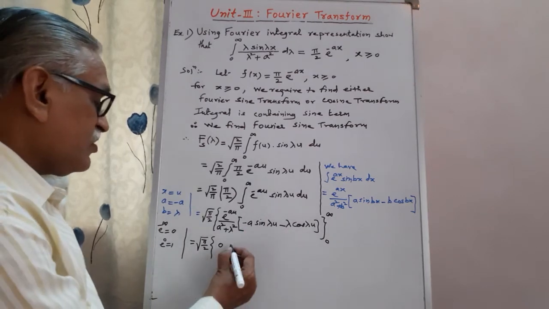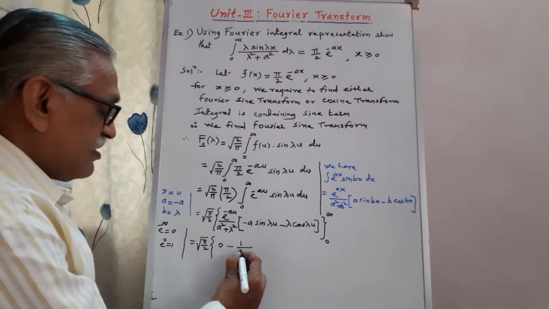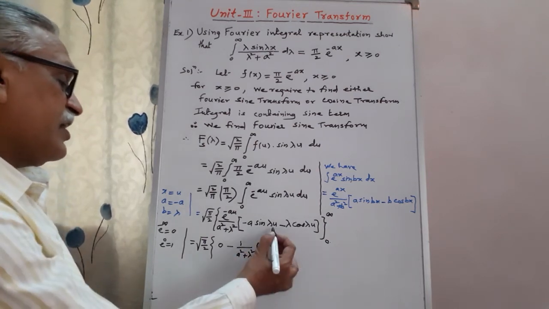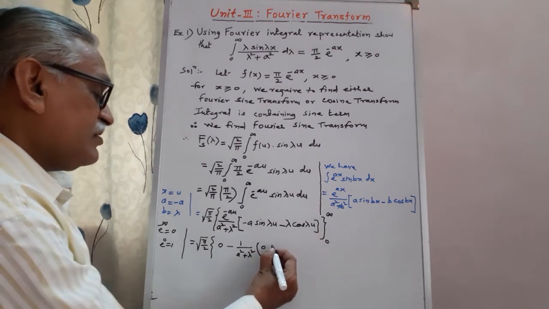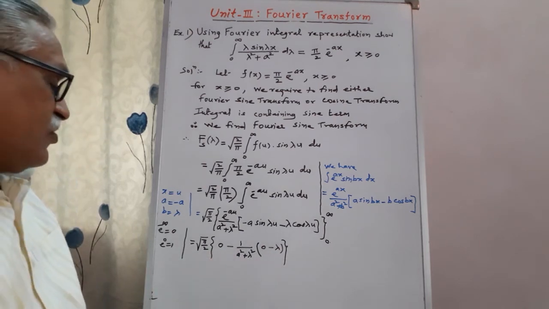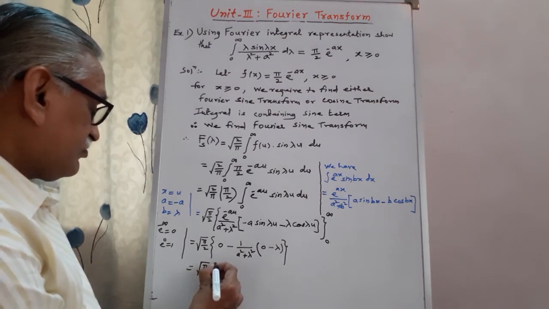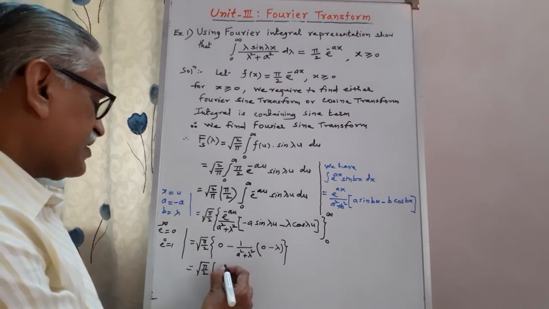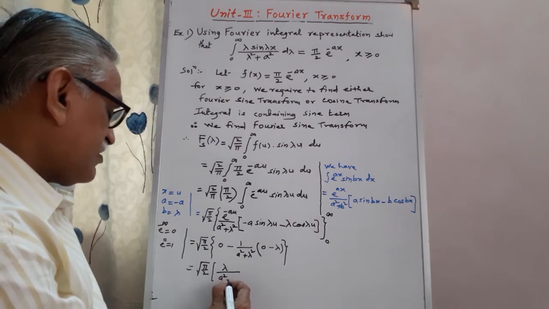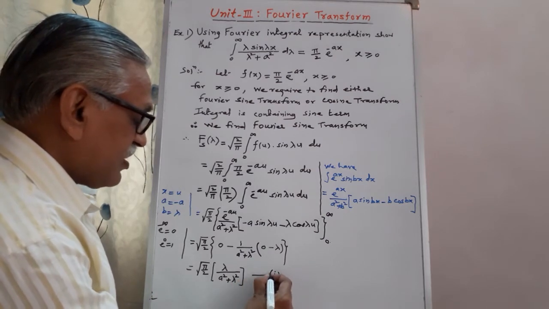For the upper limit we get 0, minus the lower limit e raised to 0, 1 divided by a square plus lambda square, multiplied by sine 0 is 0, cos 0 is 1. Therefore it is minus lambda. And therefore that value is root pi by 2, minus minus becomes plus lambda divided by a square plus lambda square. We call this equation 1.